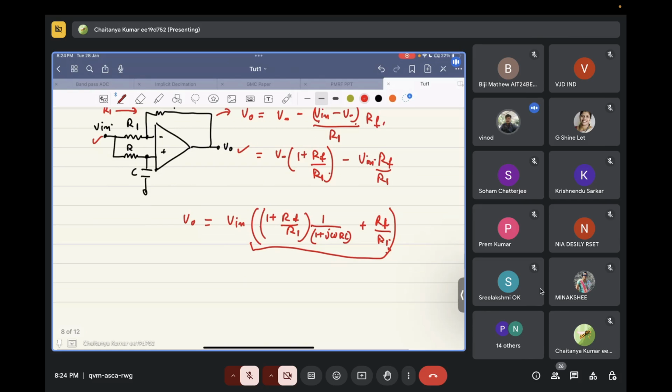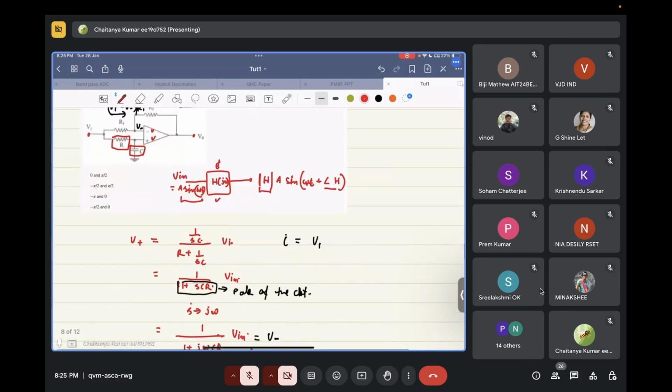So if V out by V in is equal to this, when will it happen? When will the phase, you think, go to 90 degrees? Omega tends to infinity. Are you sure it will go to 90 degrees?